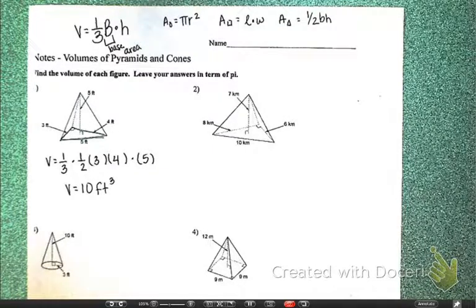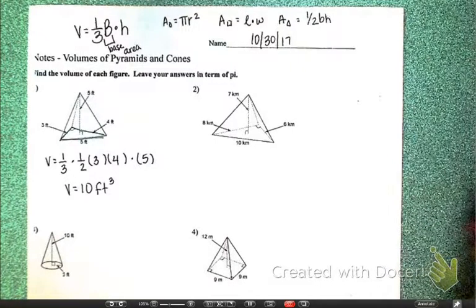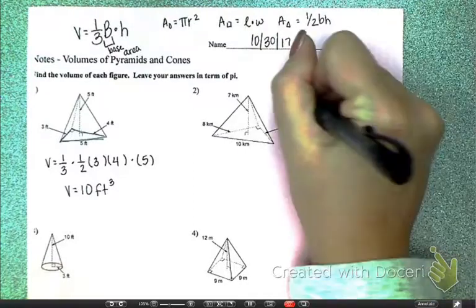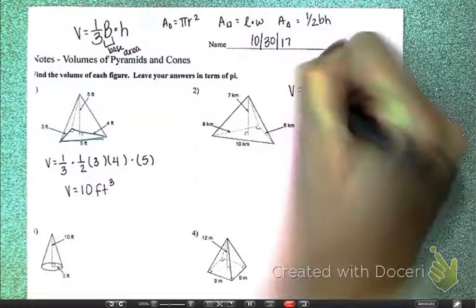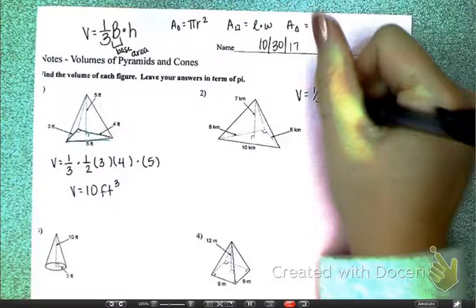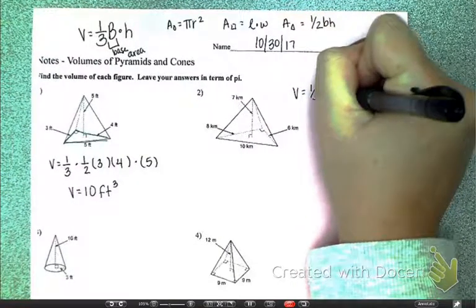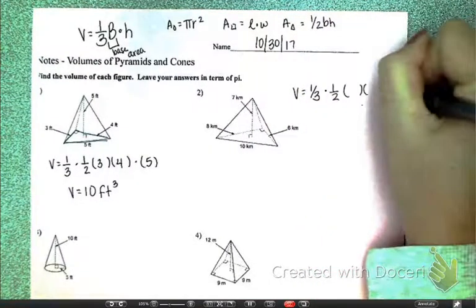Number 2 is exactly the same. See if you can, with your group or by yourself, you get to make new friends today, find the volume of this pyramid. What shape is the base of this pyramid? A triangle. Okay, so we're using 1/3, right? Then my base area is the 1/2 base times height times the height of the whole thing.